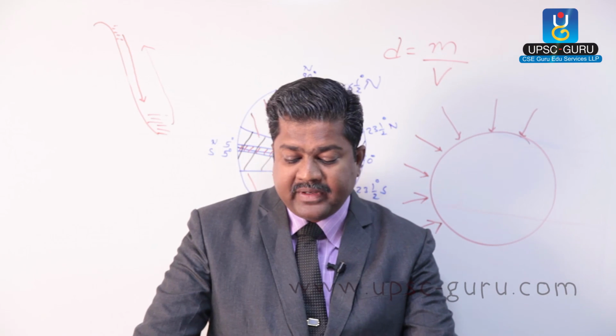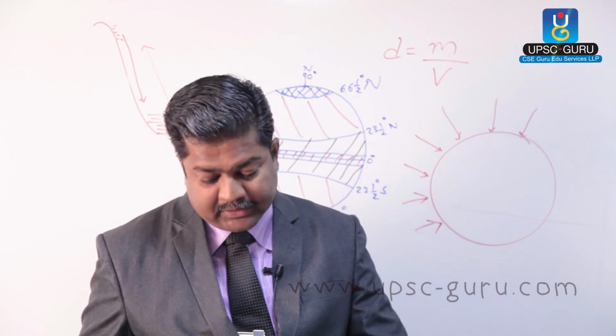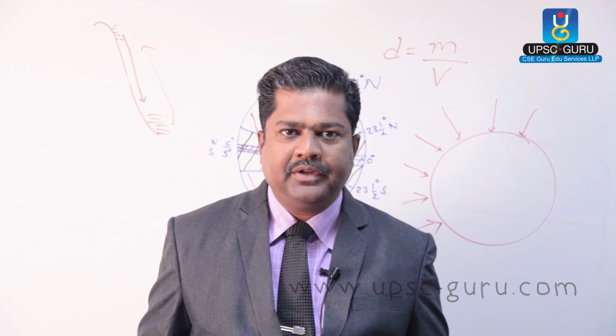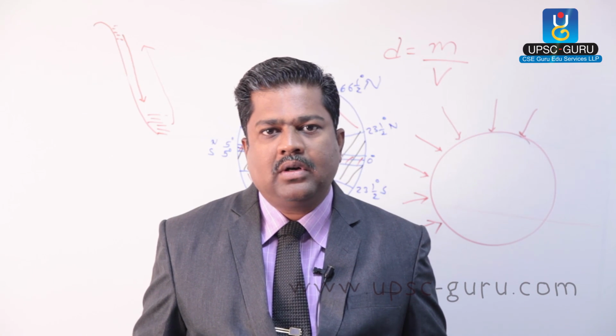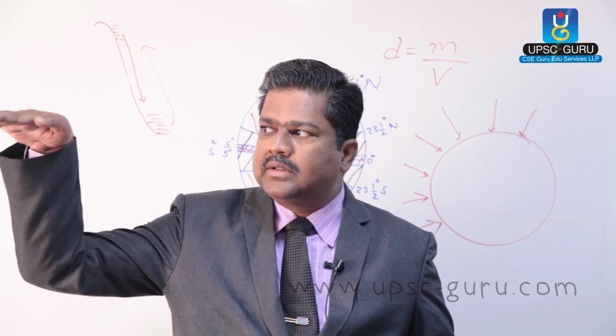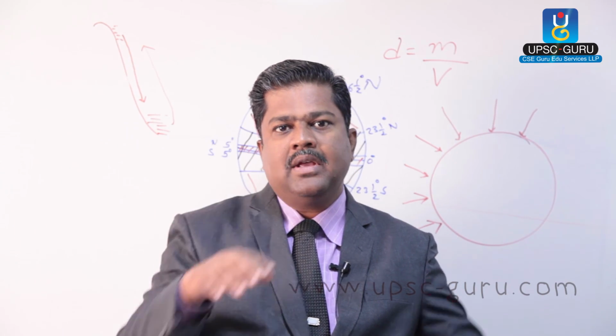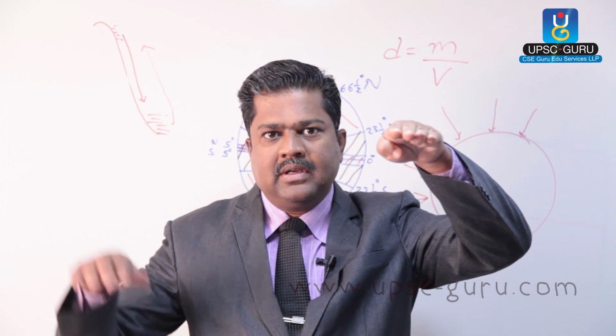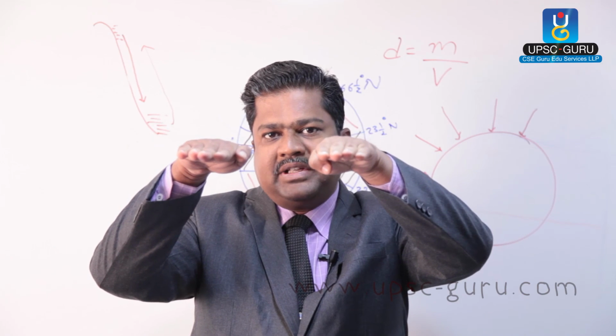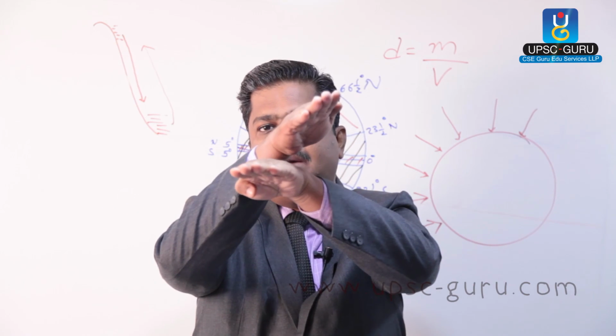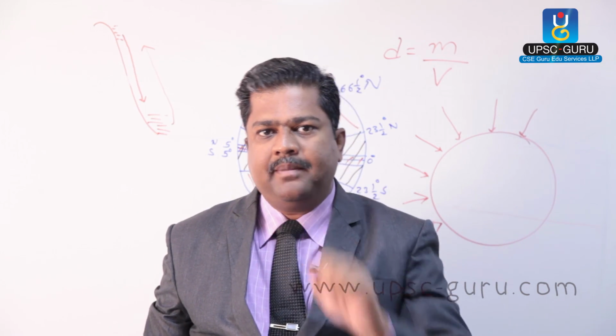The third type of inversion is called advection inversion. What is this advection inversion? Particularly this occurs on a border where, say, from this side warmer air is coming and from this side cold air is coming. When they clash, the warmer air moves in an upward direction and cold air remains at the bottom. Why?